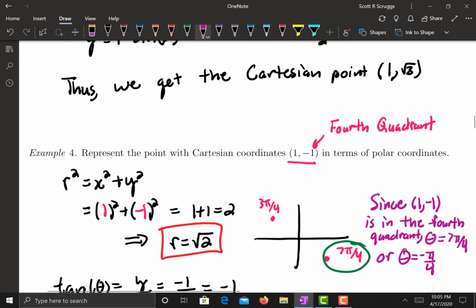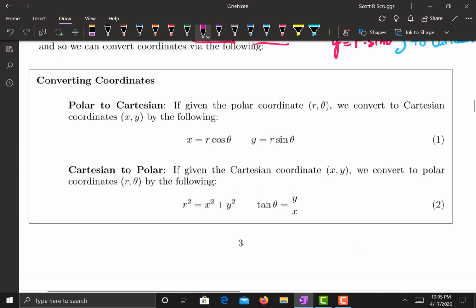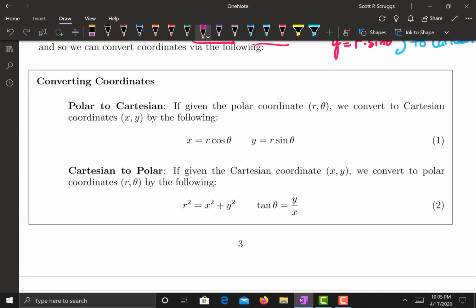So just keep in mind, going back to our equation for converting, converting from polar to Cartesian will give us unique points.